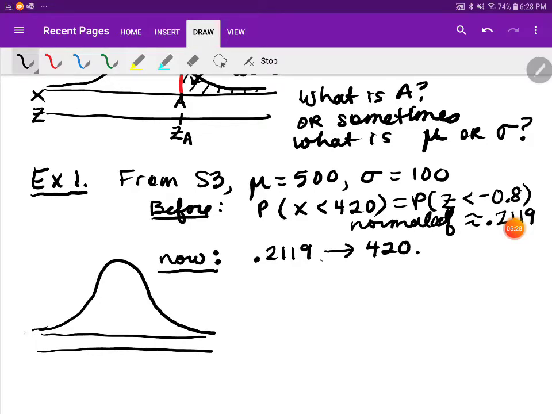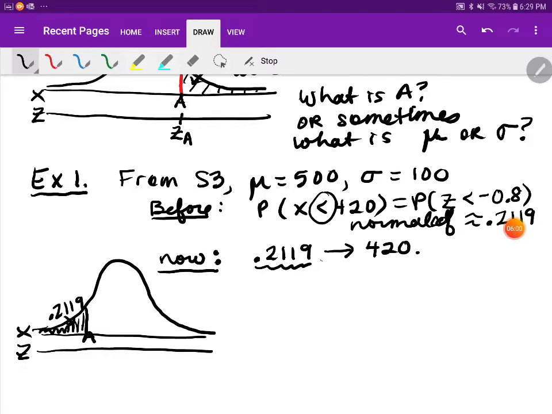I call this the X number line, and this the Z number line. What if you were given this area? First of all, I do have to know whether it's to the right or to the left. In this specific problem, it was to the left because it's a less than sign. So if we were given the problem where this area right here is 0.2119, how would I go backwards and find out what A is?